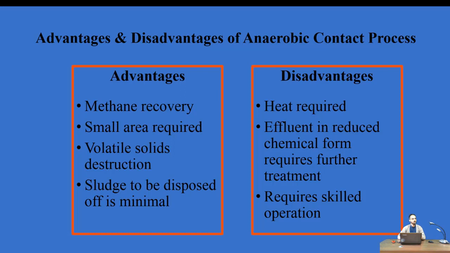Volatile solids will be destroyed, and the sludge to be disposed of is minimal. The sludge production is a small quantity. Disadvantages: heat required, and also the effluent in reduced chemical form requires further treatment. It requires a skilled operation.